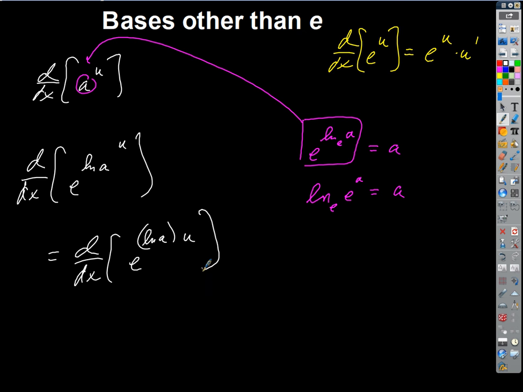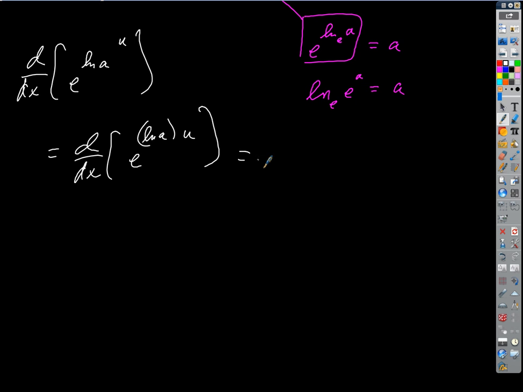Now that we can deal with, right? That's just the derivative of e to the 'blank,' isn't it? So what's the derivative of e to the 'blank'? E to the 'blank' times the derivative of 'blank.' Well, what's the derivative of log a, which is a constant, times u?